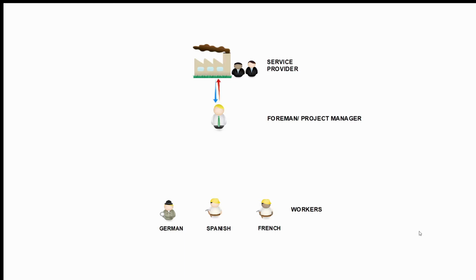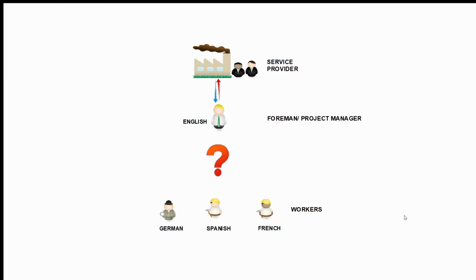And just when it couldn't get even worse, turns out the foreman or project manager only speaks English. So, nothing's happening. No communication, no progress, no reports back. Can you see where this is going?